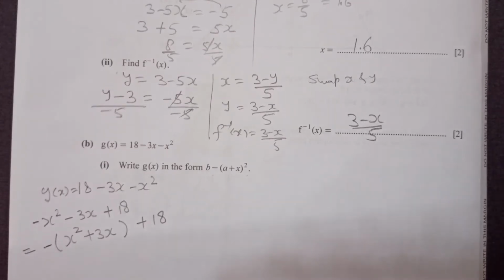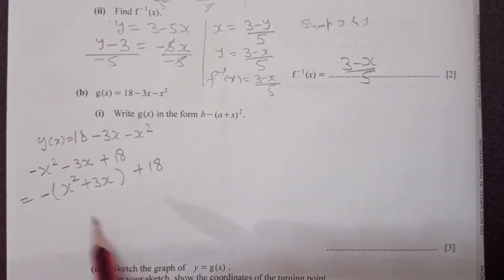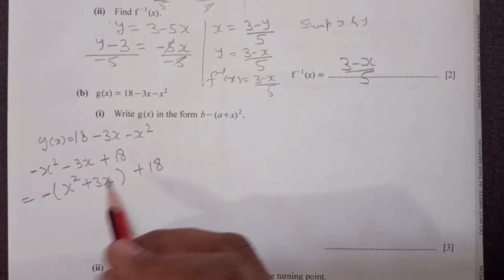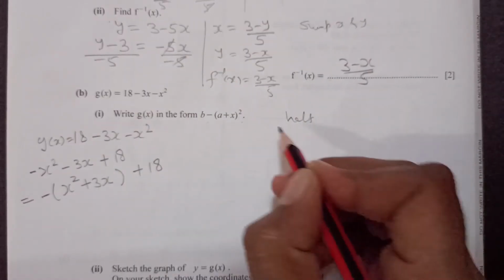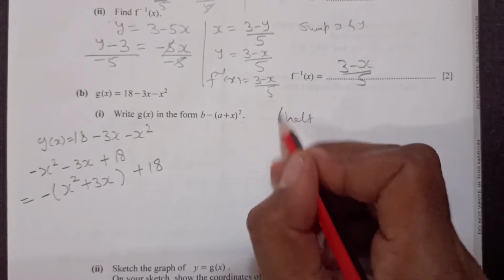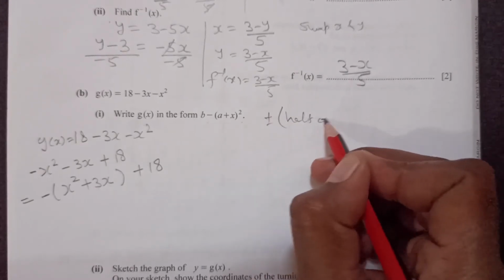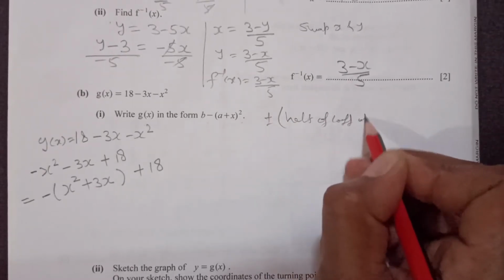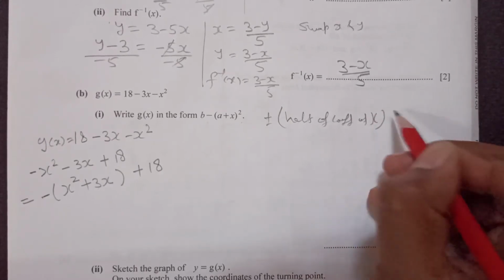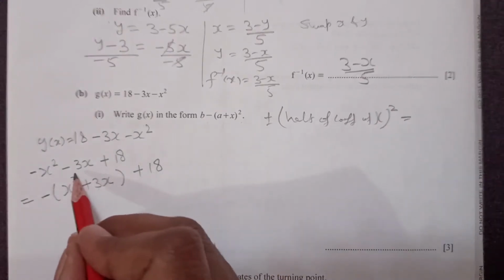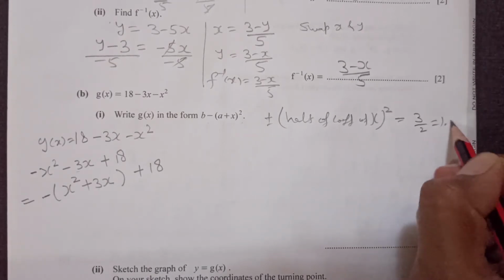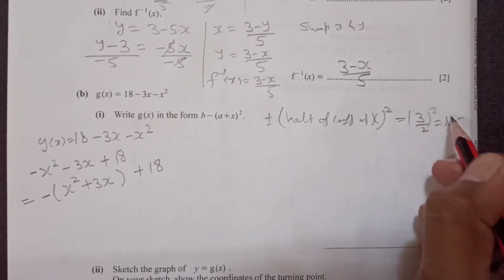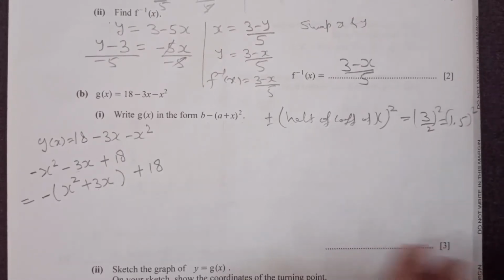Now, by the completing the square formula, we need half of the coefficient of x. We are going to add and subtract the square of half of the coefficient of x. The coefficient of x is 3, so this is 3 over 2, which is 1.5. So we are going to add and subtract 1.5 squared.